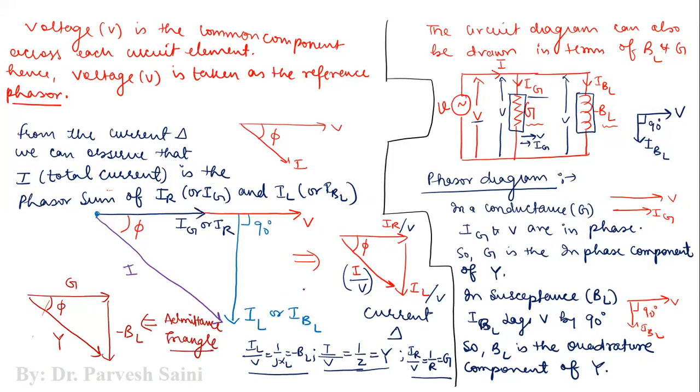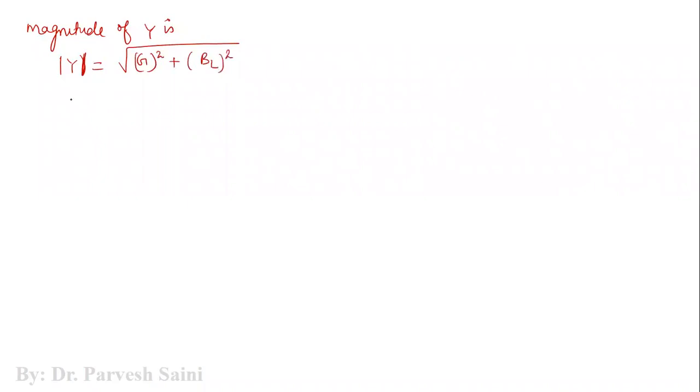So from here, the given equation is justified, which says that Y is equal to G minus J BL, right? So as you can see, Y is equal to G minus J BL. The magnitude of any complex number is always the square root of the square of the real part plus the square of the imaginary part.